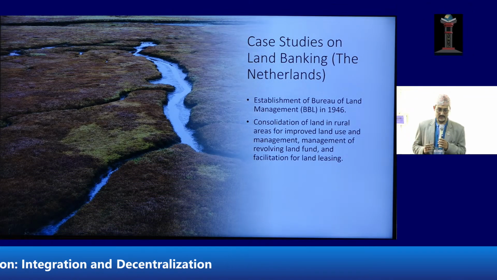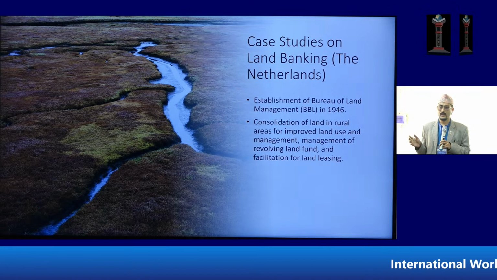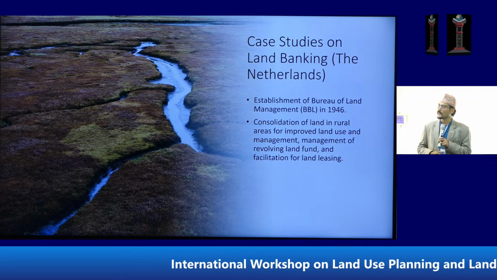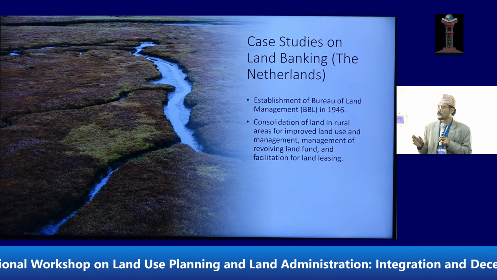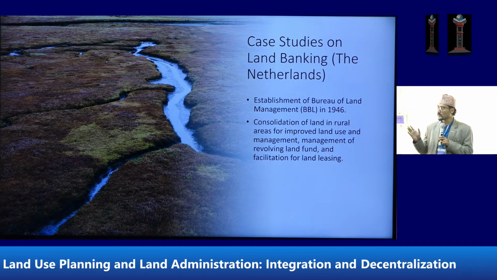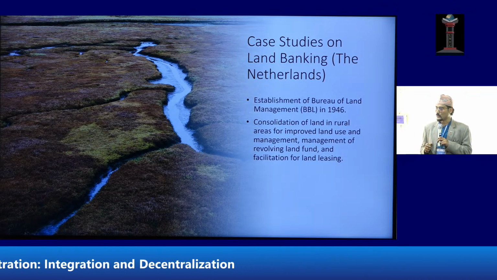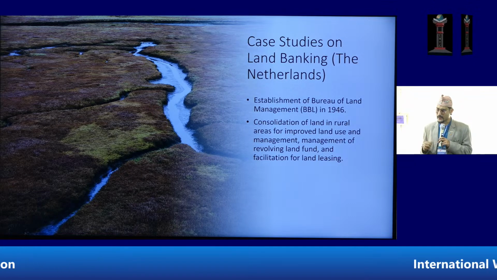Now I would like to move to the case studies on land banking. The first one is from the Netherlands. While you look at the history of land banking in the Netherlands, the Bureau of Land Management was established in 1946, and the purpose was the consolidation of land in rural areas, with the objective to improve land use and land management.